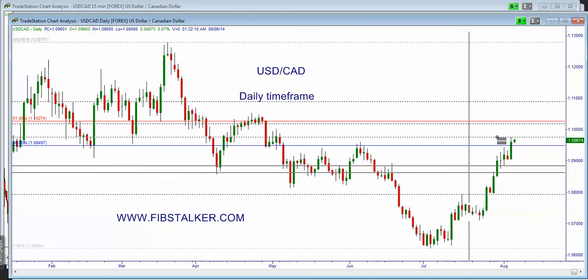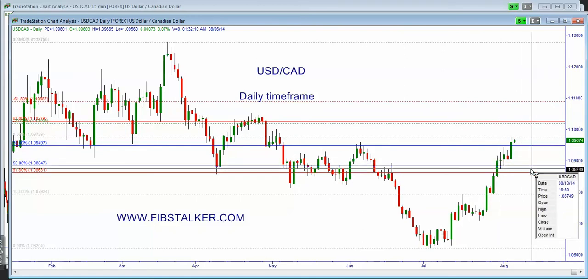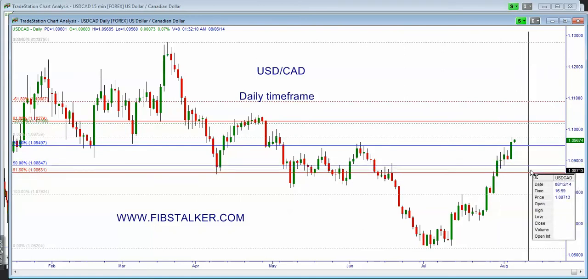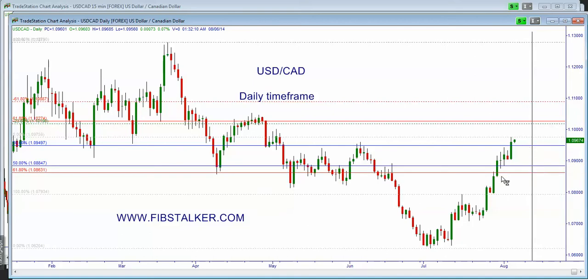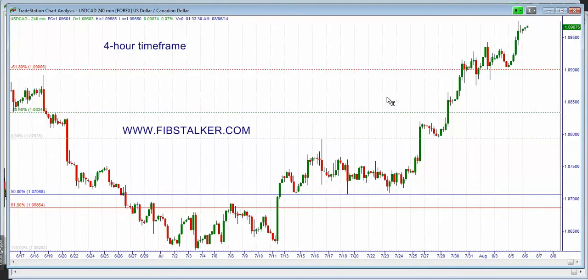So if the market retraces, program trading is going to be found at this new level, 108.84. If we look at the smaller time frame, we can see what happened and how program trading has changed the level that they are going to follow.